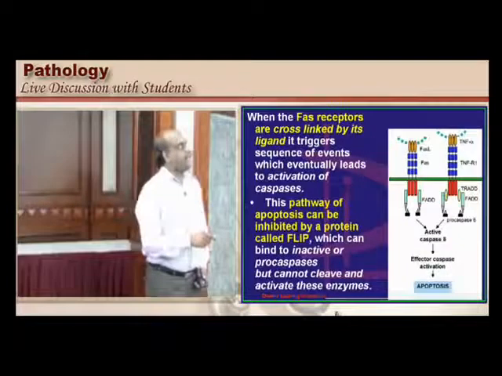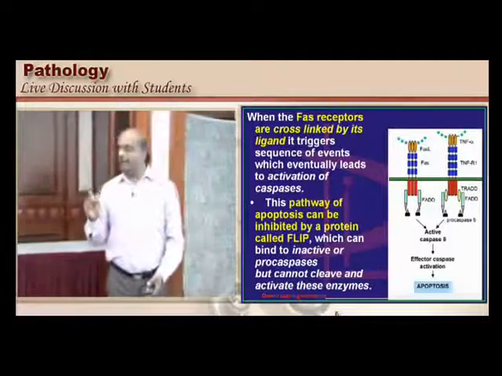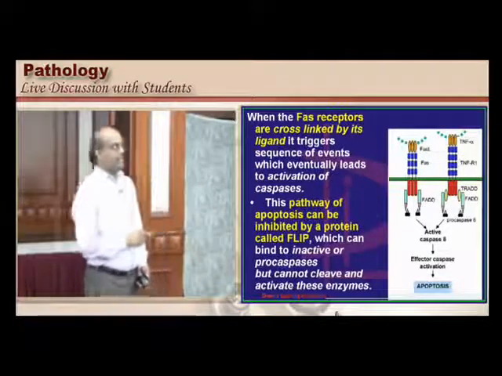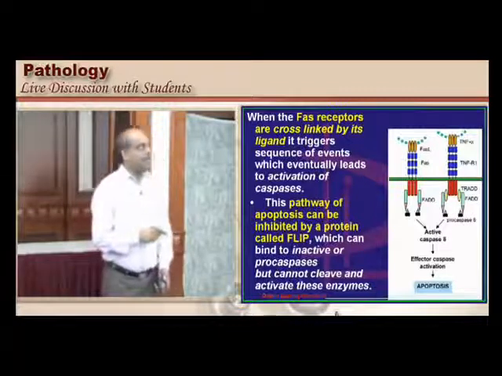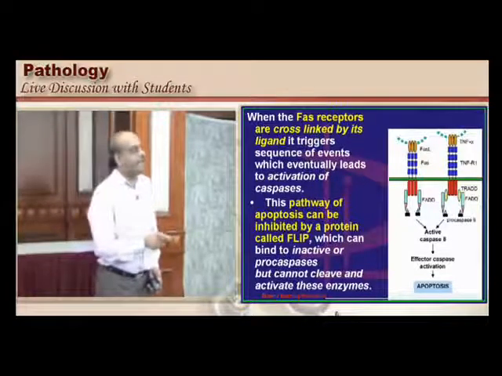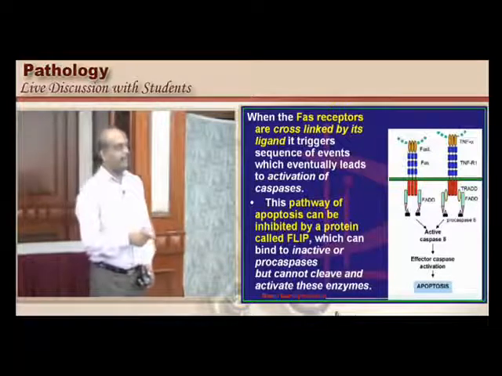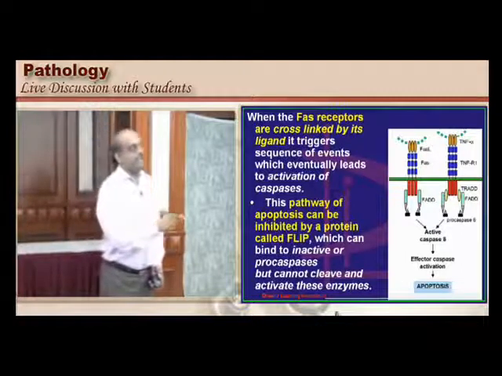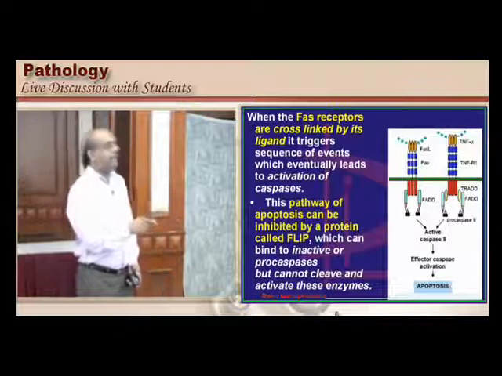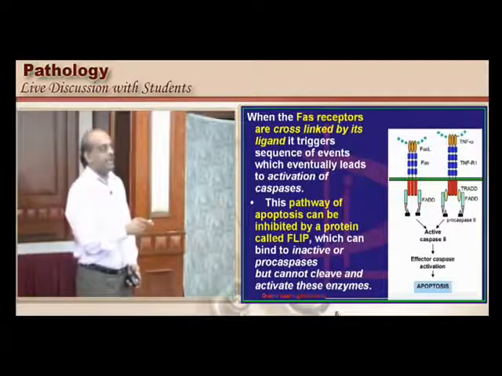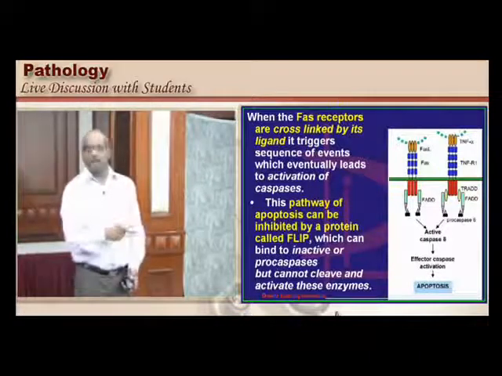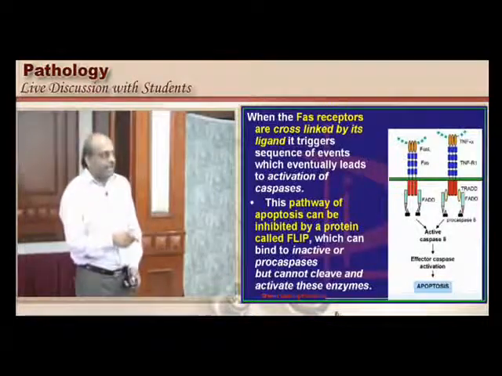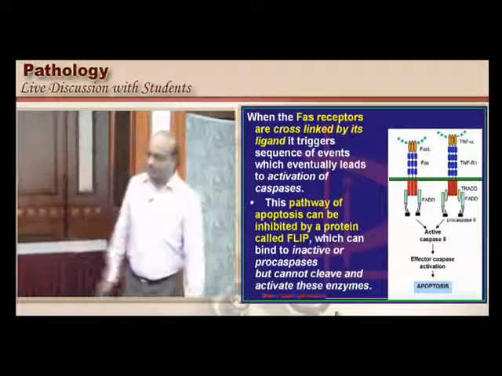Now when the FAS receptors are cross-linked by their ligand, which triggers the apoptotic event, the sequence becomes initiated. They will cause the release of the active caspases. And how does that happen? Fundamentally, once this FAS is stimulated, it will release what is called FLIP protein, and in turn will lead to activation of the pro-caspases into active caspases, and that leads to the development of apoptosis, is what you need to remember.